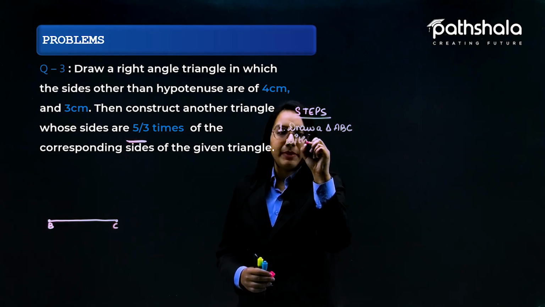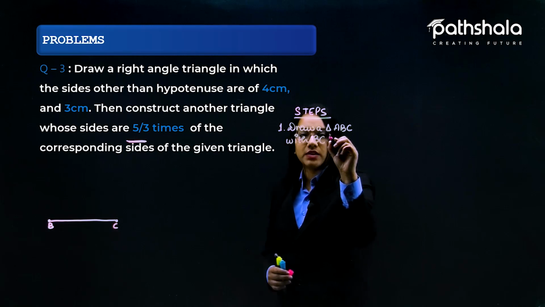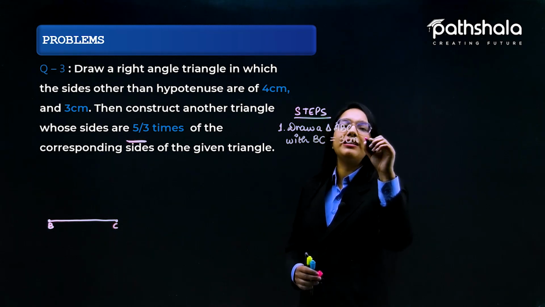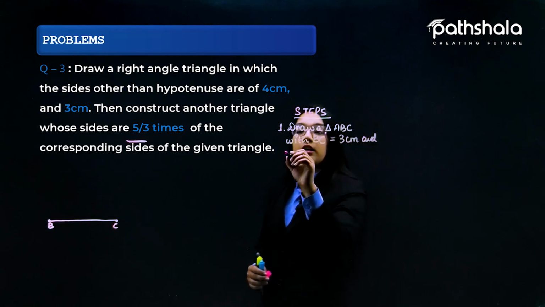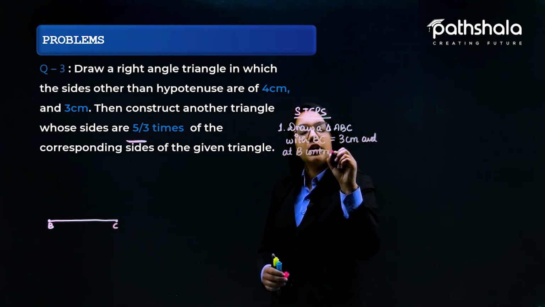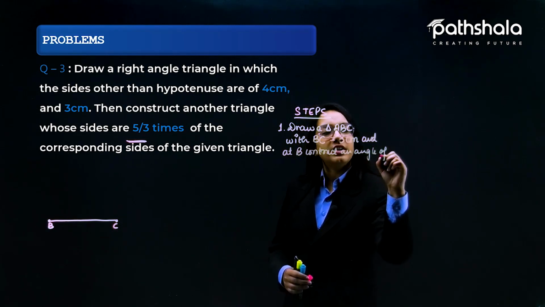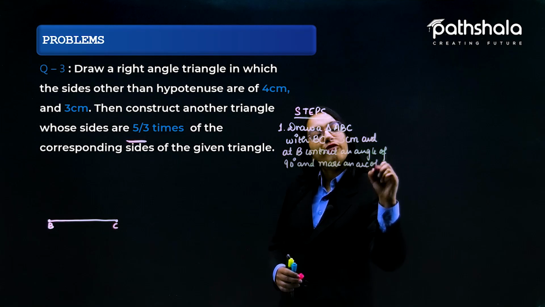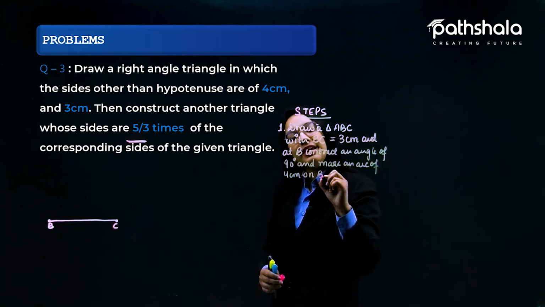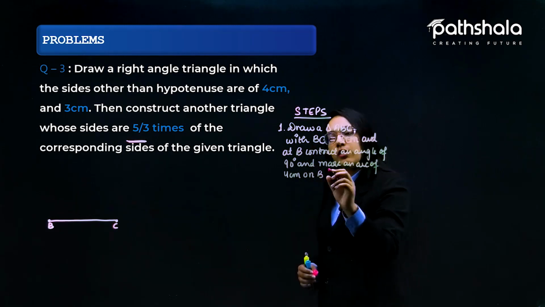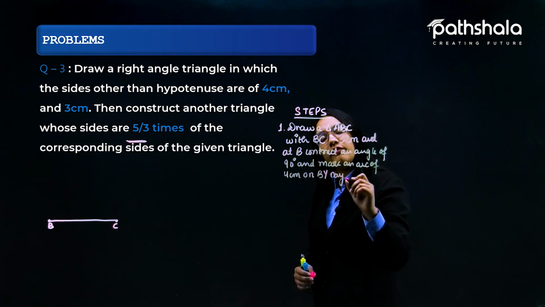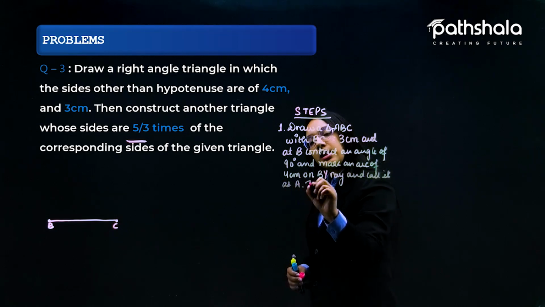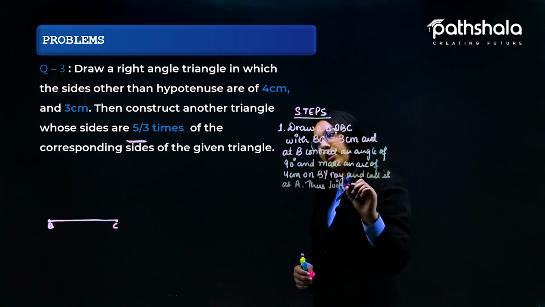ABC with BC equal to 3 centimeter, and at B construct an angle of 90 degrees and mark an arc of 4 centimeter on the BY ray, and call it A. Thus join AC.